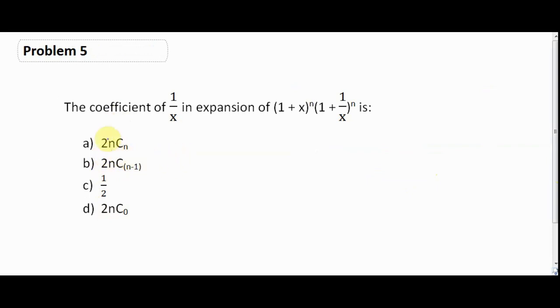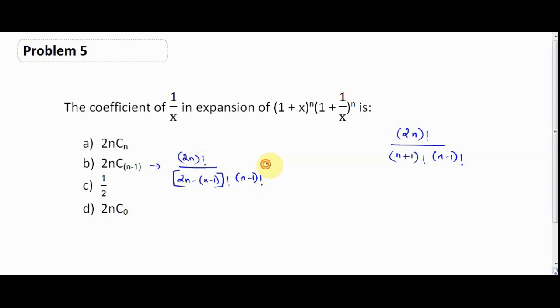So we will have to check which one of these 4 gives us the value equal to 2n factorial divided by (n plus 1) factorial into (n minus 1) factorial. Okay, so here if you expand the term given in option B, what you get is 2n factorial divided by (2n minus n minus 1) factorial into (n minus 1) factorial.